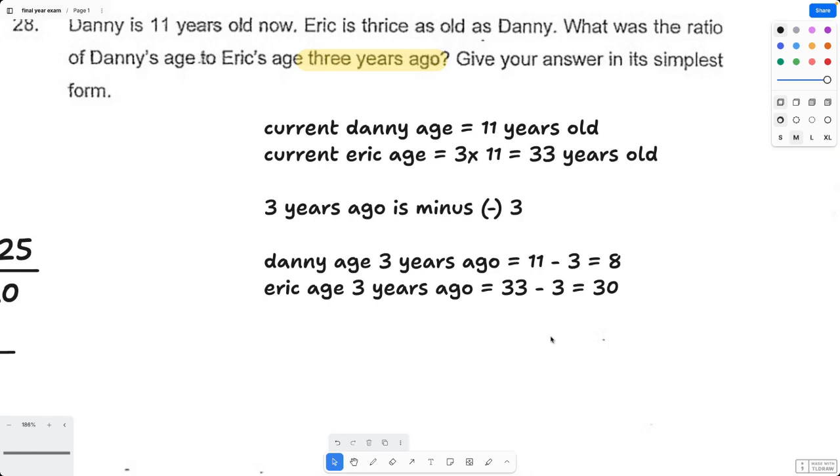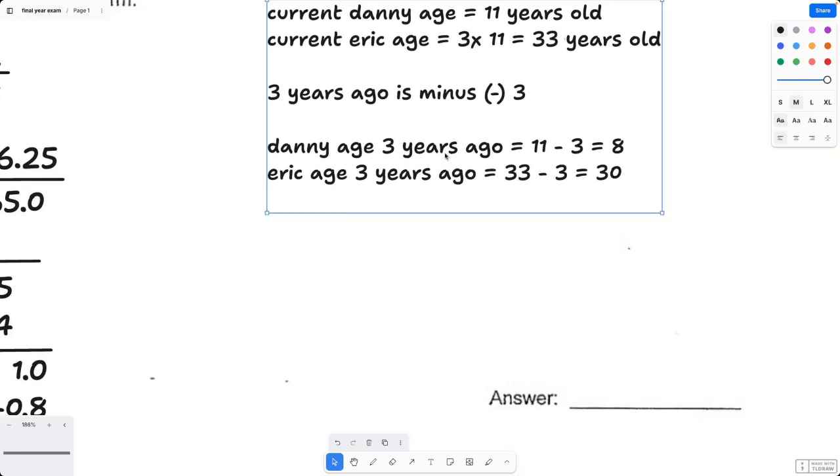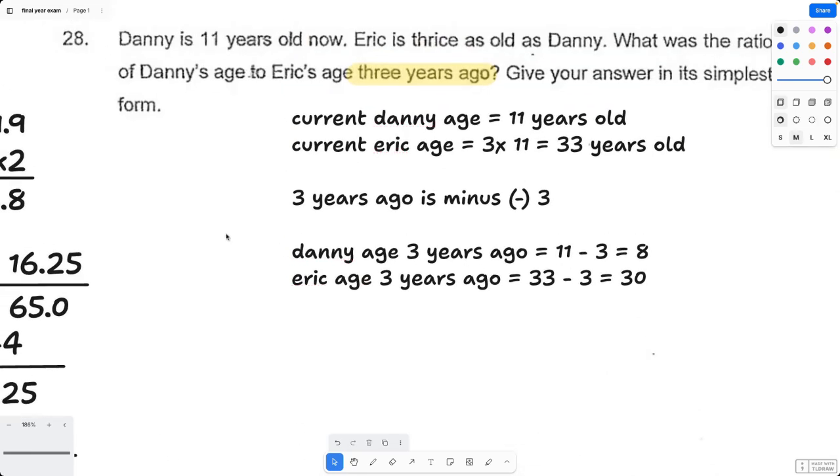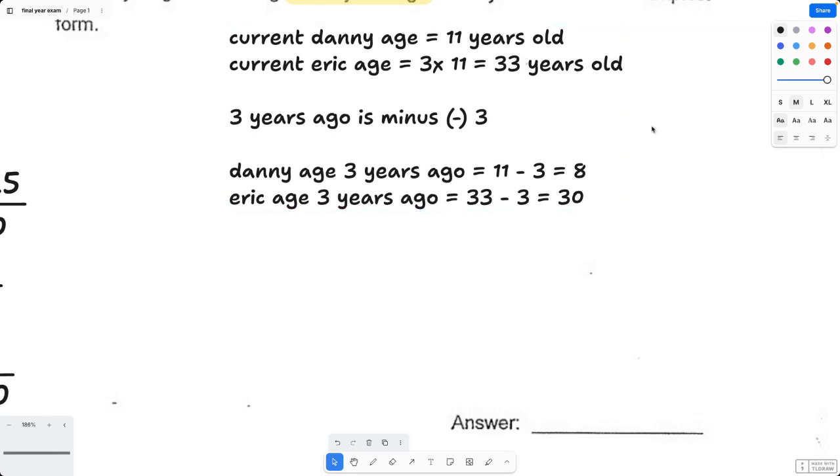Right, so they want the ratio between Danny's to Eric's. Okay, so with this, Danny is to Eric. So Danny is 8, Eric is 30, right? Is this centered? It is. All right, okay. So what I'm going to do, I'm going to center this. Okay, Danny to Eric is this. Okay, I'll make space.